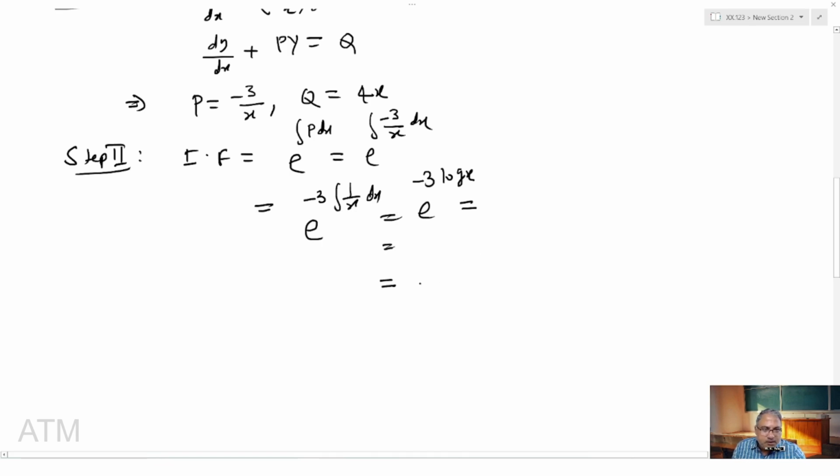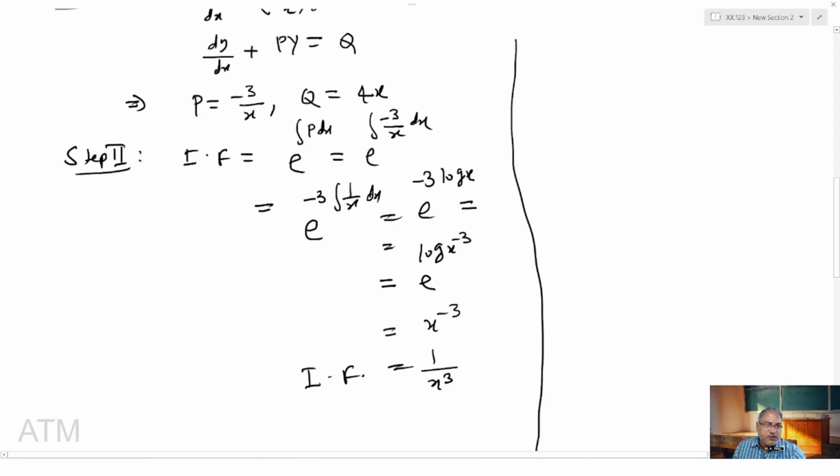This can be written as e raised to log x raised to minus 3, equals x raised to minus 3, equals 1 upon x cube.